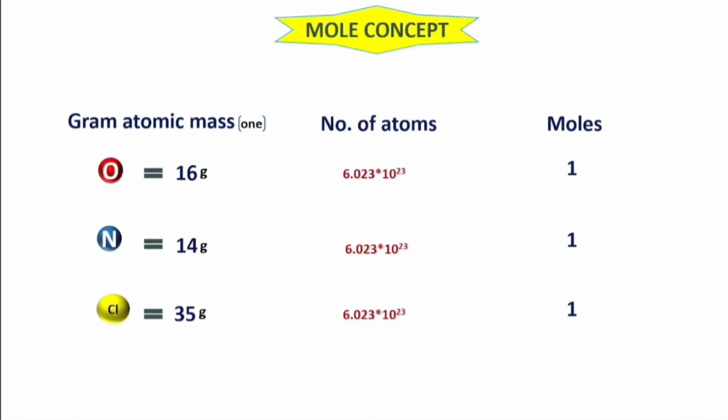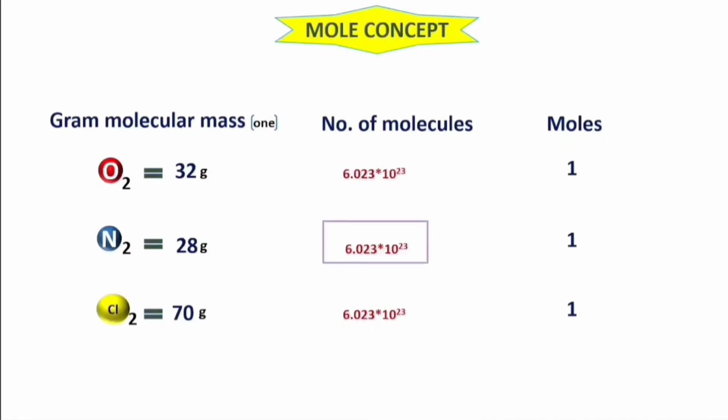Same way, when we talk about 1 gram molecule or 1 gram molecular mass, then 6.023 into 10 to the power 23 molecules are present in 1 gram molecule or 1 gram molecular mass, which is also called 1 mole. So 1 gram molecular mass of any elemental compound equates to 1 mole. Using this formula, we can derive either the number of moles or the molecular mass of any elemental compound.